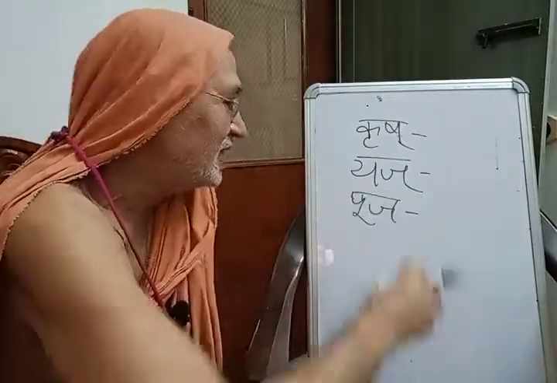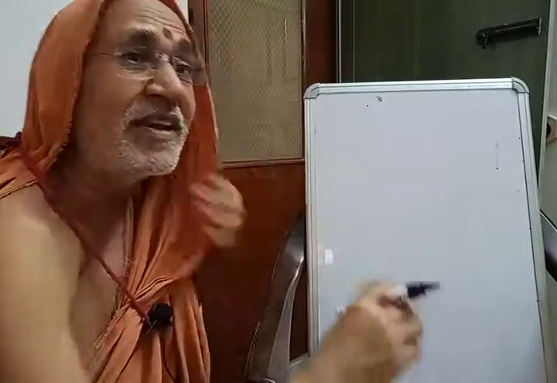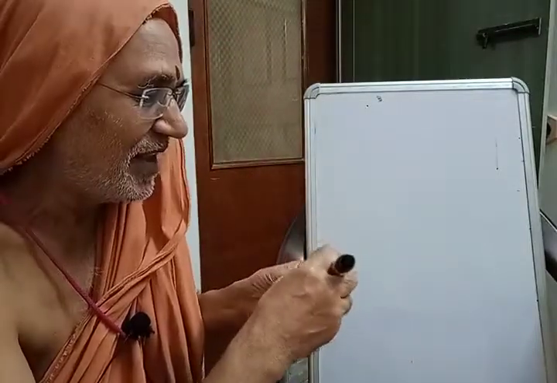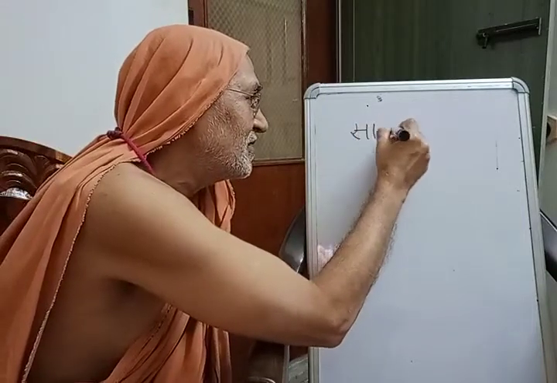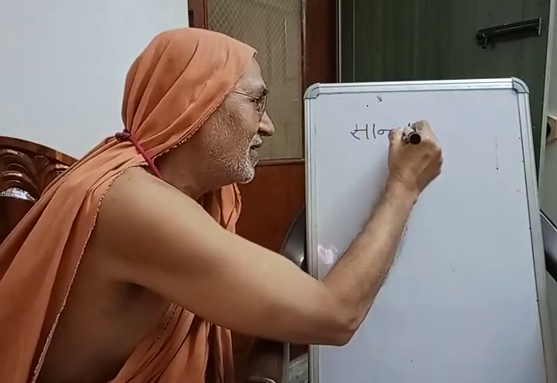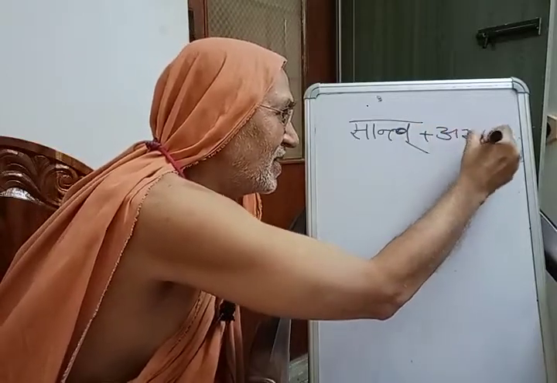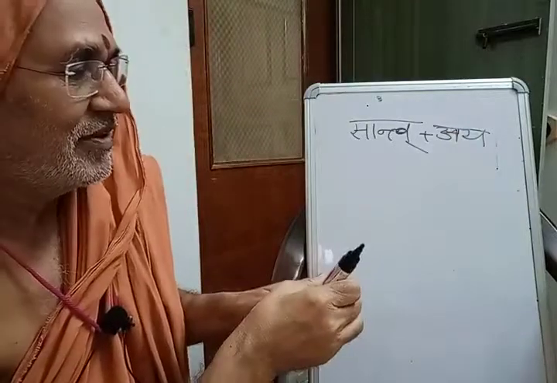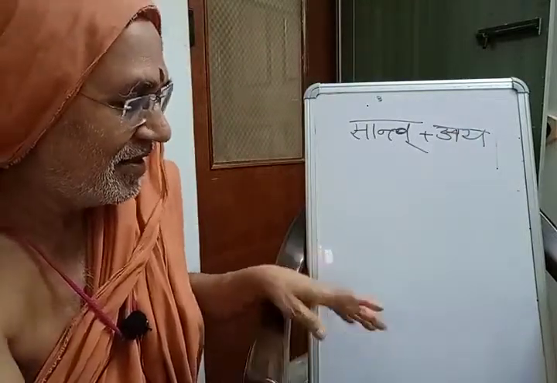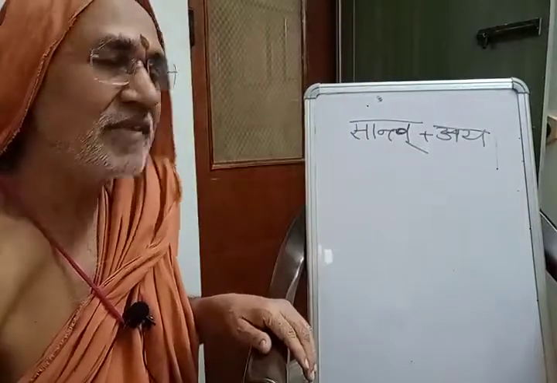So, next is santva. Santva means, what do you call it, consoling. Santvana dena in Hindi also. Santva, 10th conjugation: santvayati, santvayataha, santvayanti, santvayasi, santvayathaha, santvayatha, santvayami, santvayavaha, santvayamaha.